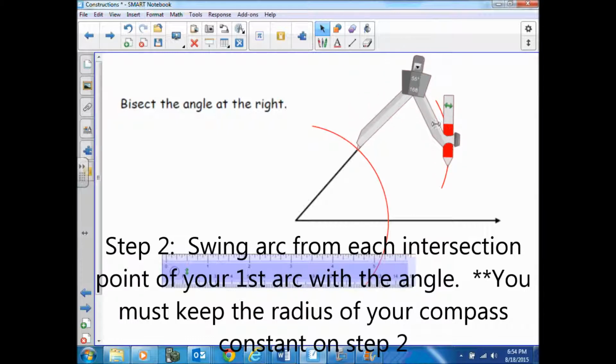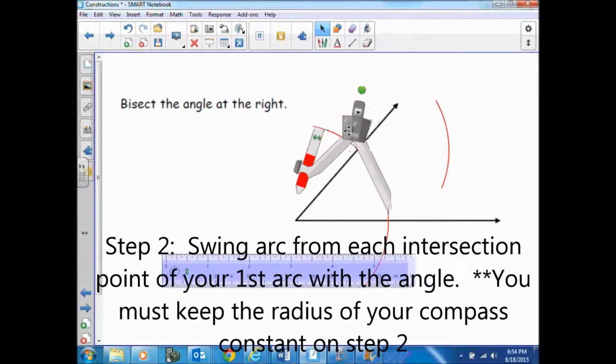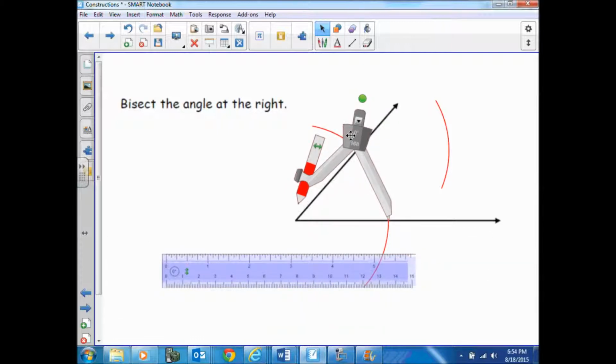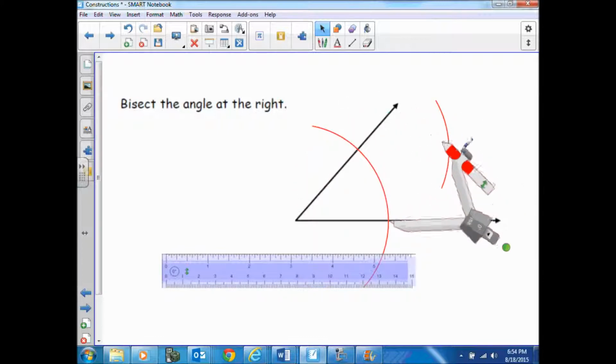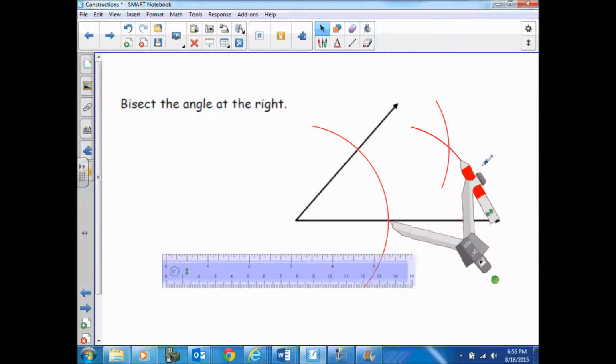Okay, so we have one. Now I'm going to put the point on the other intersection over here, the other point where it hit the angle, and I'm going to swing another. Okay, there we go.